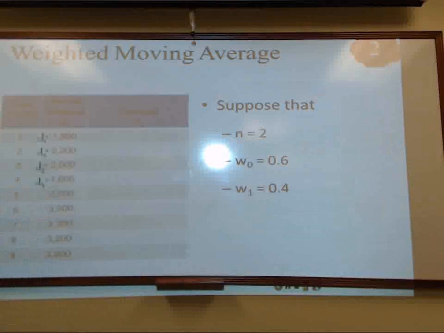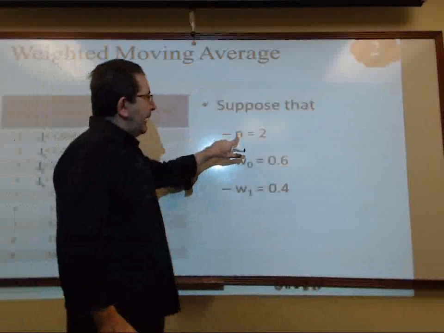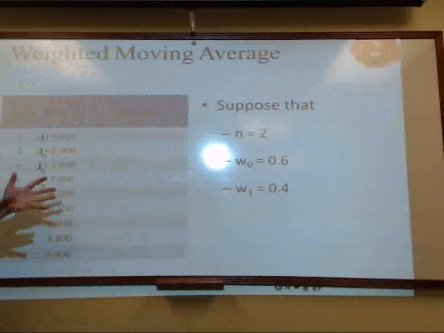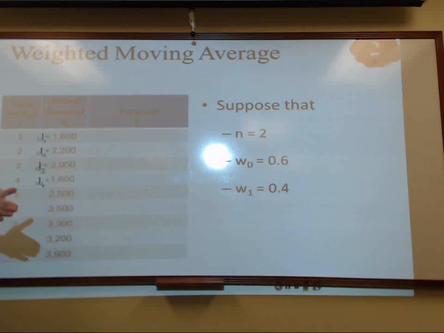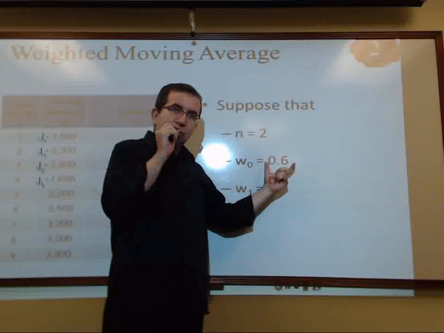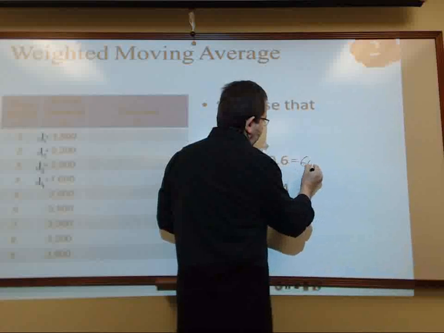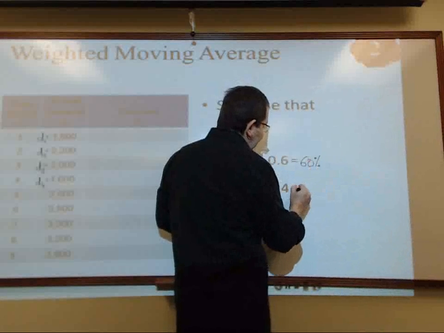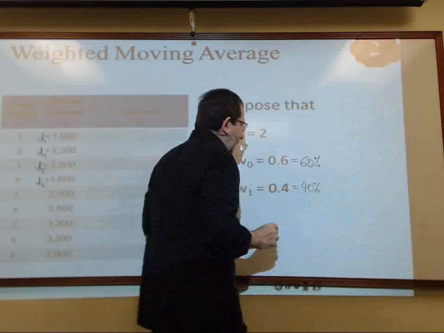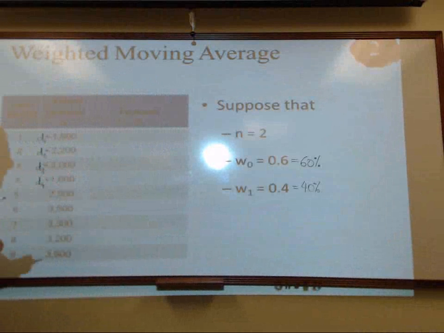So let's suppose we're using n equals 2, so we're using the most recent 2 periods. But we want to weight one observation by 60%, and the other observation will be 40%. So how are we going to do this?